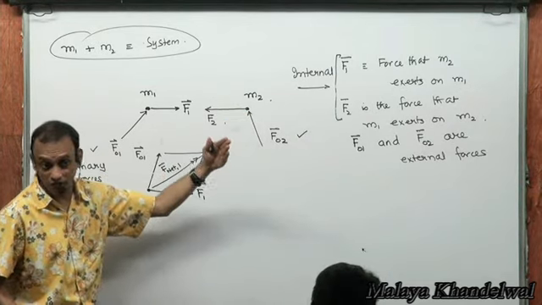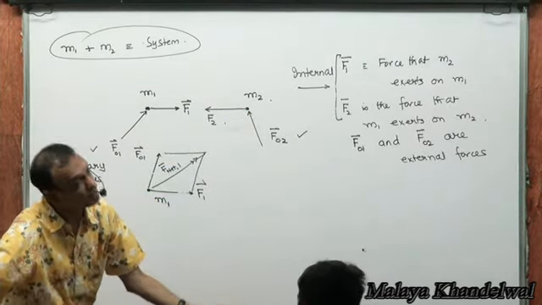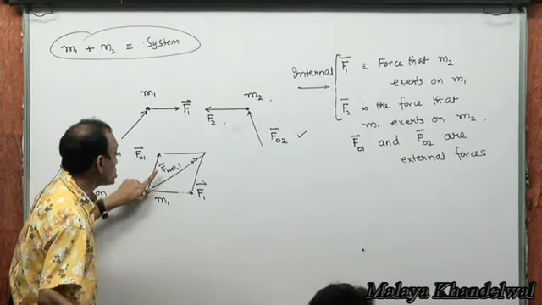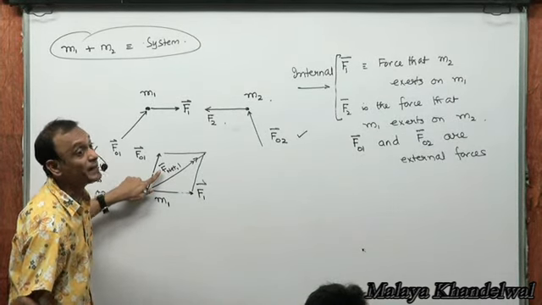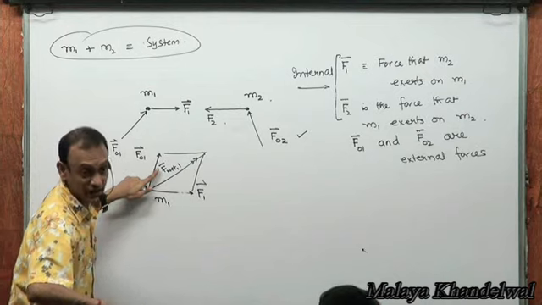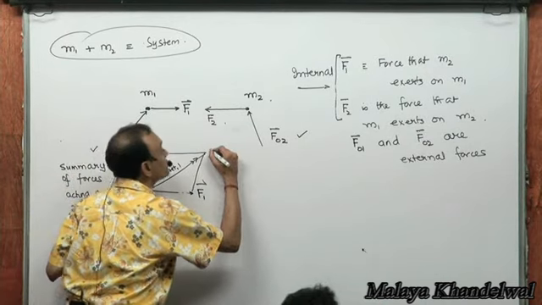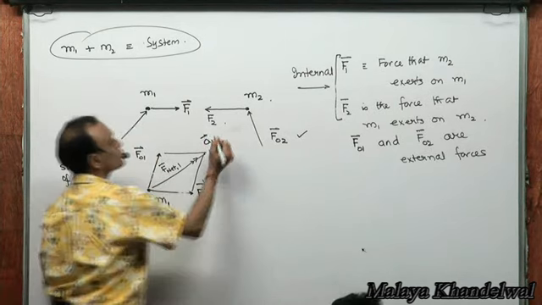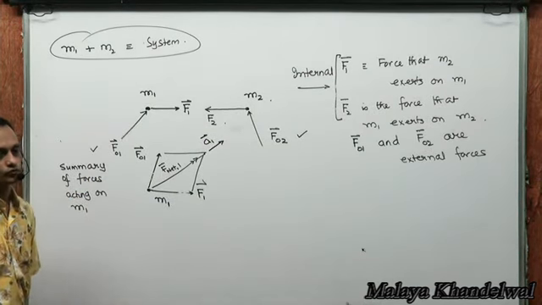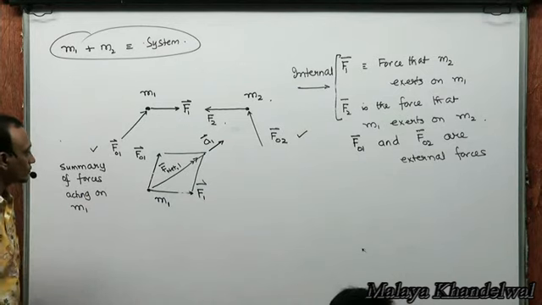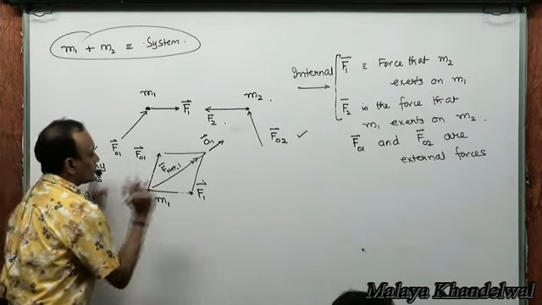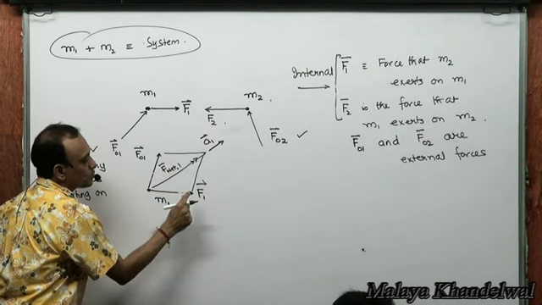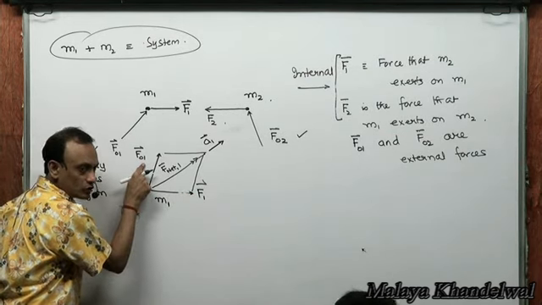The acceleration of M1 would be in the direction of the net force, say A1. F net is vectorially F1 plus F01.